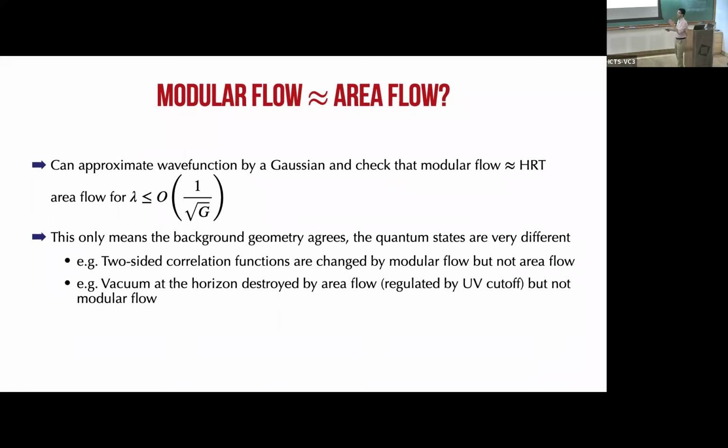We're replacing the action of the modular Hamiltonian with the area part, which is just the gravitational part of the modular Hamiltonian, whereas there's also the QFT part of the modular Hamiltonian, right? That we're dropping, which means the quantum states are actually very different, because as you were pointing out earlier, the quantum state, when you actually perform this modular flow, will change by the bulk modular flow.